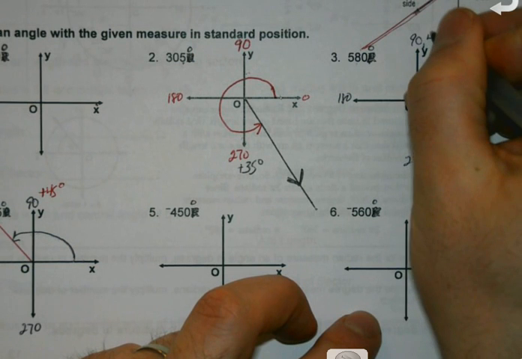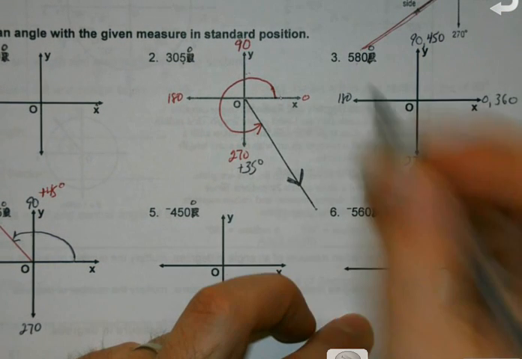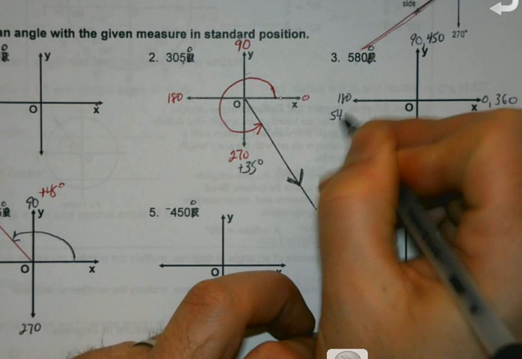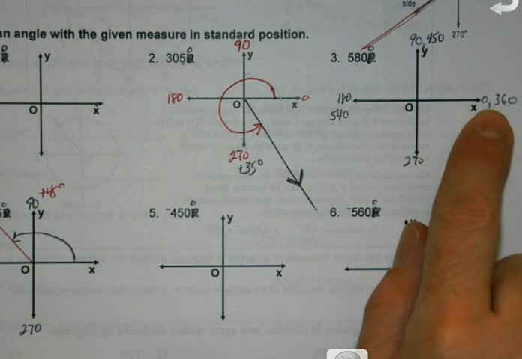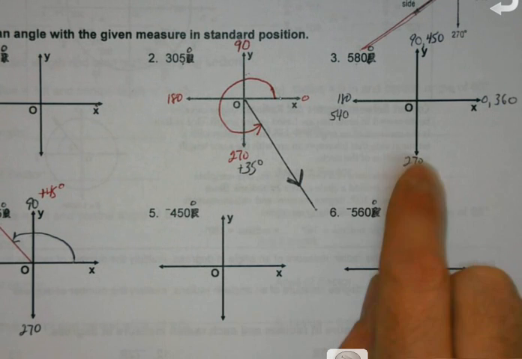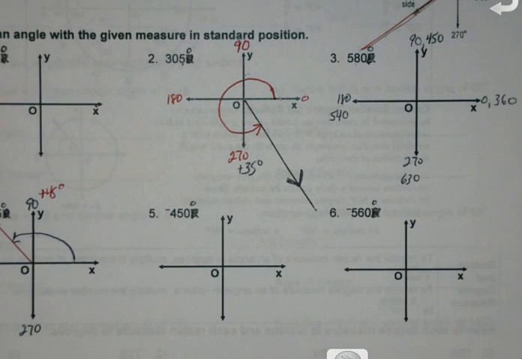So I can add another 90 onto the 360. I can add another 90 onto my 450. Because you'll start to notice, oh, so I can just add 360 to each of these if I needed to, and that would give me the next measure, and it does.